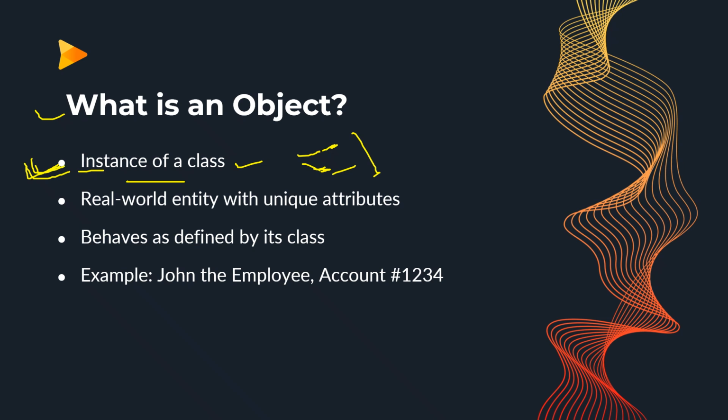So now it is a real world entity with unique attributes. So every object has unique attributes, or every object has unique characteristics. Like you can say that our class is animal, and animal class has dog. So dog has state, like it has the colors, then it has the height and all these things.